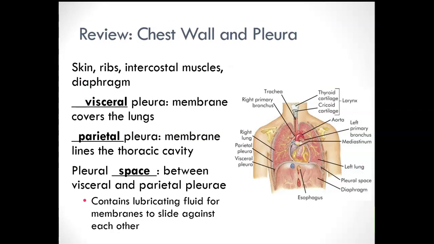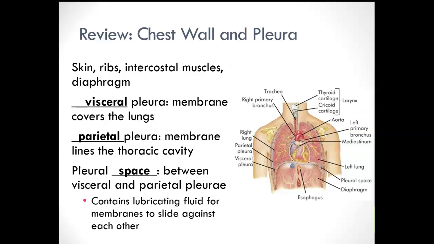So let's just review some A and P. You have the lungs, you have the diaphragm, and the diaphragm separates the lungs from the abdominal cavity. You have a visceral pleura. That's a membrane that covers the lungs. It's like the sac that the lungs are in, okay? Then you have the parietal pleura, which is the membrane that lines the thoracic cavity.